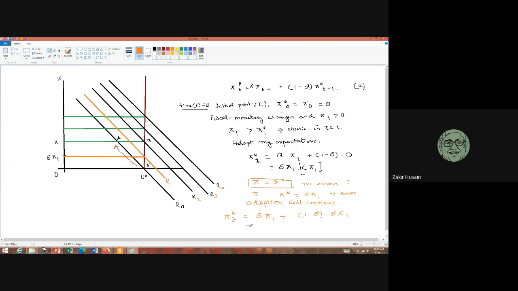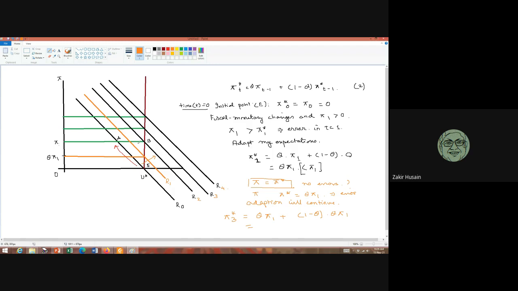Okay, so in this way, this orange curve is going to gradually shift until I reach R2. What is going to happen is I'm going to gradually move in the short run to higher and higher Phillips curve until I reach R2.